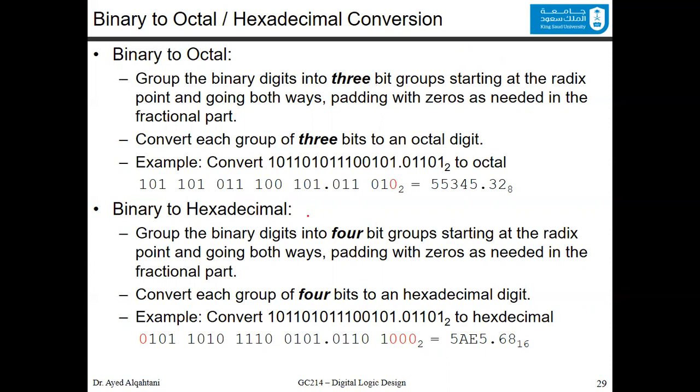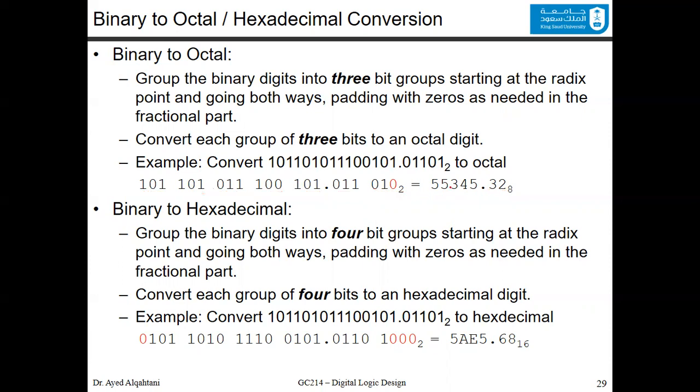So what to do after you do the grouping, and you notice that we add this 0, you'll just convert directly those. This is 3, this is 2, this is 5, this is 4, this is 3, and this is 5, and this is also a 5.